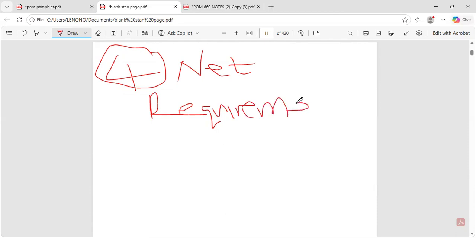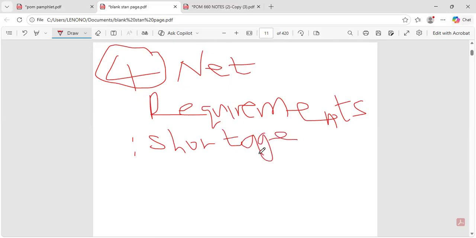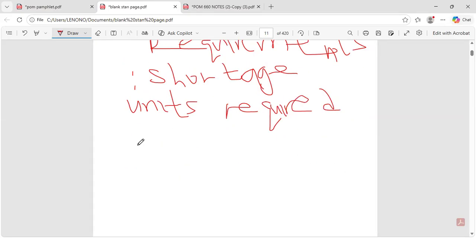So net requirements, we are simply saying these are shortage units required to meet demand.